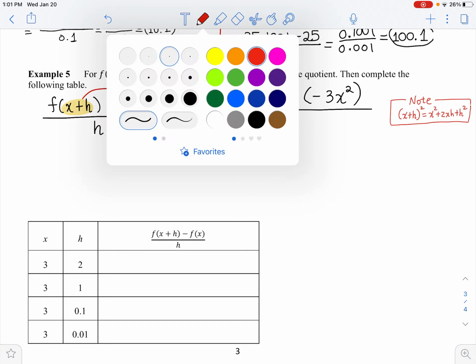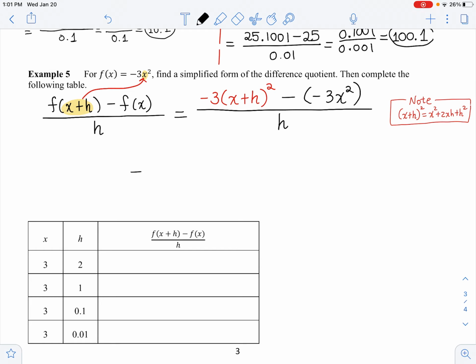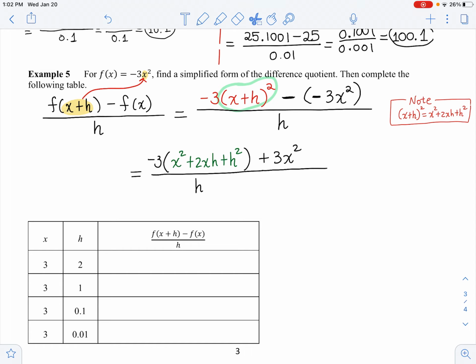Okay, so let's simplify this difference quotient. That's equal to negative, h is still in the bottom, you guys. Negative 3 parenthesis. Now what I'm doing is writing what this is, okay? I'm going to say x plus h squared is x squared plus 2xh plus h squared. And I'll close the parenthesis and look at the next term. I'm seeing minus a negative 3x squared, so I'll change that to plus 3x squared, okay?